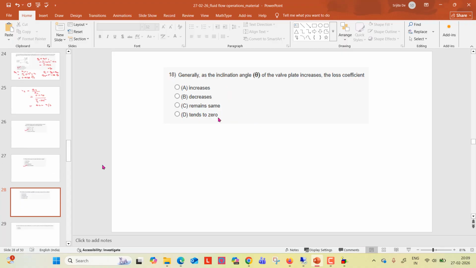Generally, as the inclination angle theta of the valve plate increases, the loss coefficient also increases. Increasing the angle restricts the flow more, so it will lead to higher turbulence and higher energy loss. It also increases.